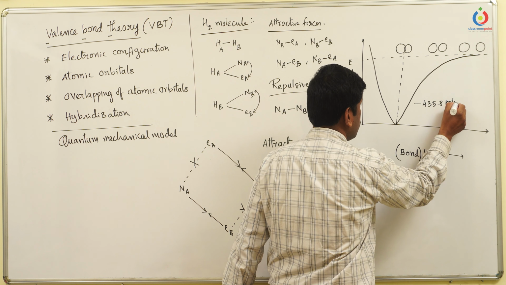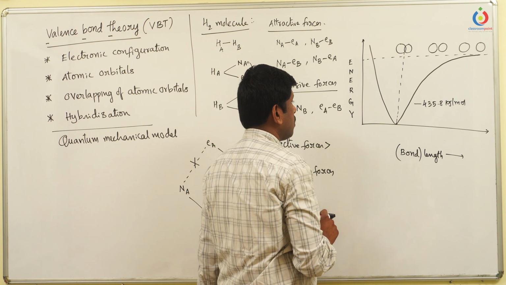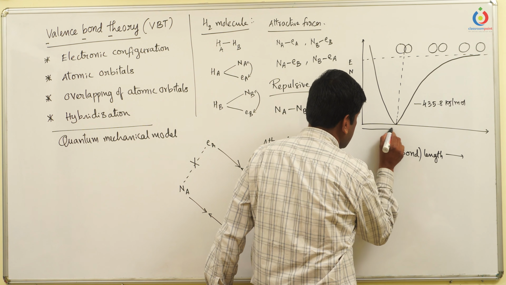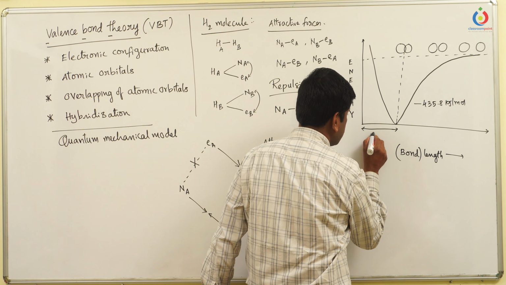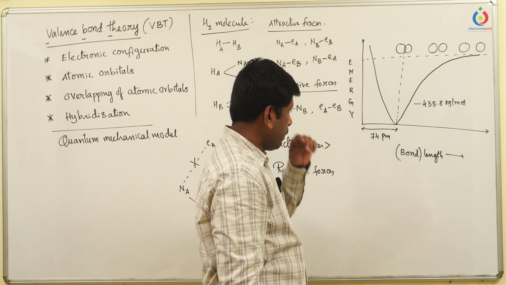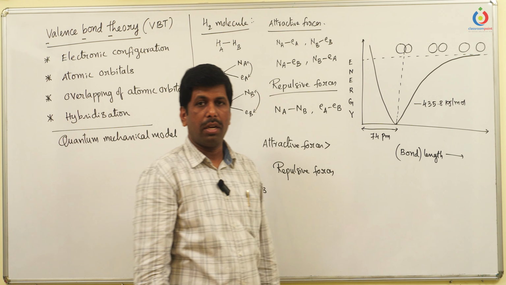435.8 kilojoules per mole. And afterwards again repulsive forces start increasing, and the minimum distance that they can come to each other is 74 picometers. That means at a distance lesser than this, both of these hydrogen atoms cannot approach each other.